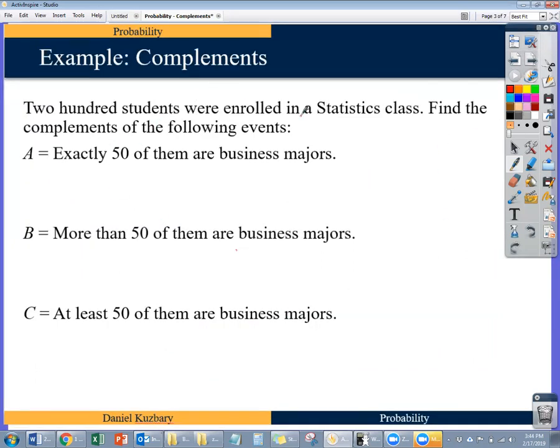We've got 200 students enrolled in a stats class. Here's a stats example. Haha, we're all in stats class. Find the complements of the following events. The event A is exactly 50 of these students are business majors, and I want to find out what A complement is. A complement is going to be that this doesn't happen.